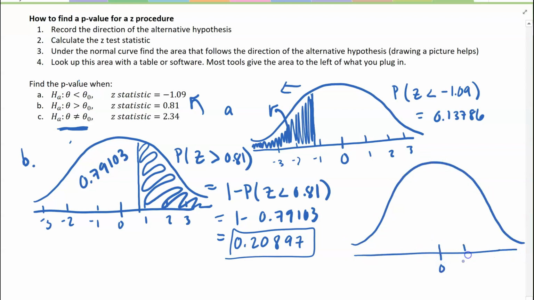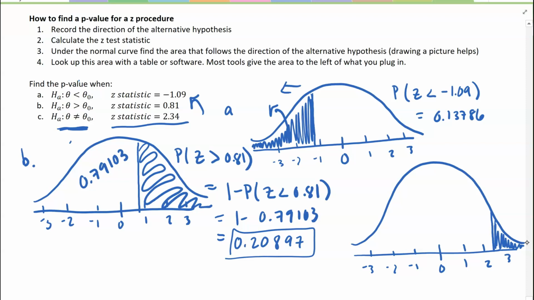So let's draw this guy again. And we first put in our test statistic 2.34, that's our z-test statistic, and we want to shade in the area that is more extreme than that, under the tails. Well, here's the thing, it's two-sided, so we have to make this a symmetric area.